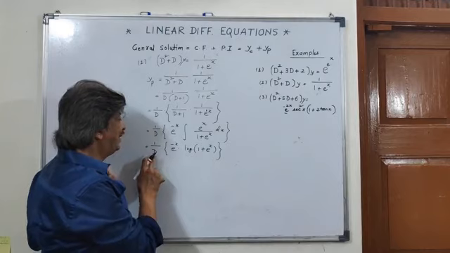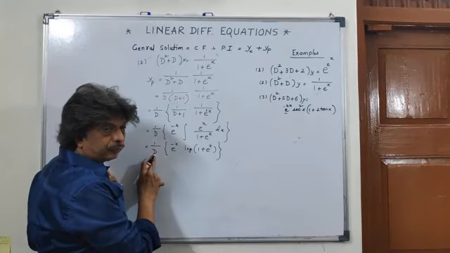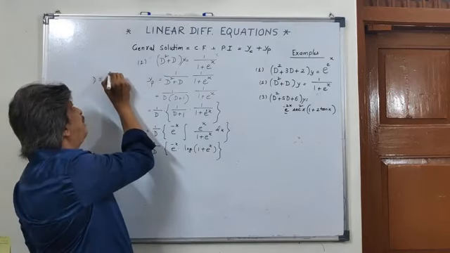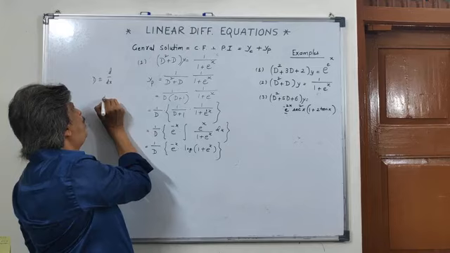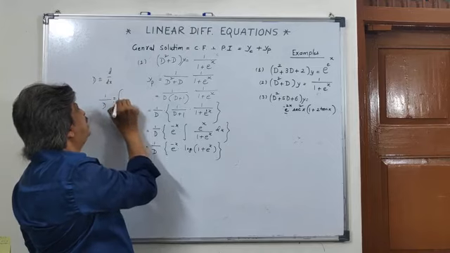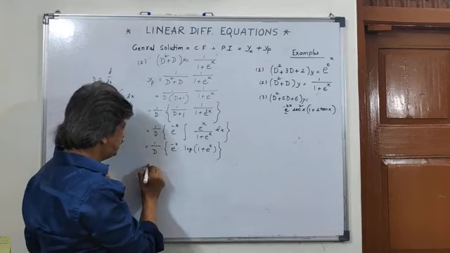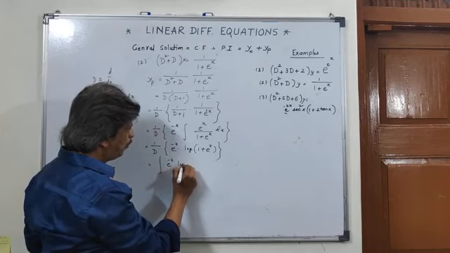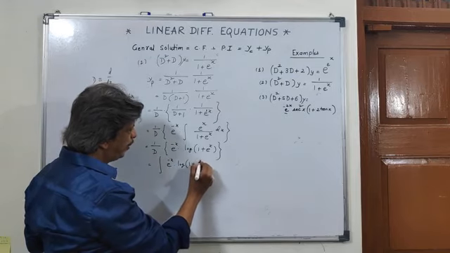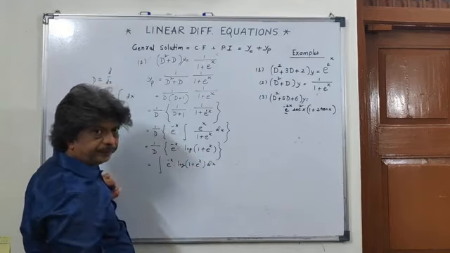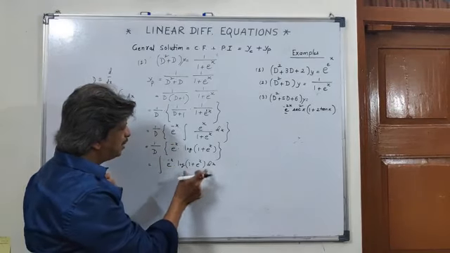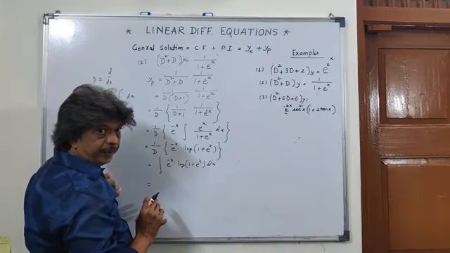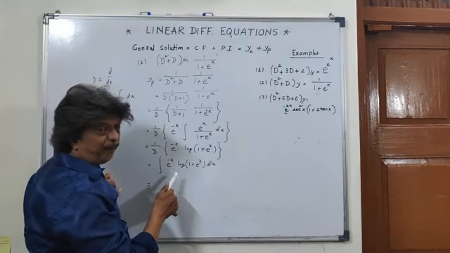Again, this 1 upon D means it is the derivative operator equivalent to d by dx. So 1 upon D means it is integral with respect to x. So it is integral of e to the power minus x into log of 1 plus e to the power x dx, which integrates as, I am using integration by parts.